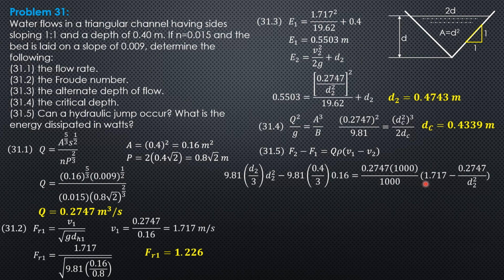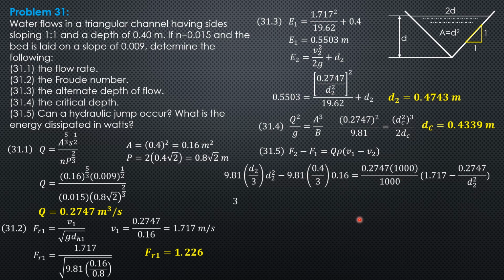Then V1 1.717 minus V2, which is Q over depth 2 squared. So simplifying, this is 9.81 over 3, 3.27 depth 2 cubed. Then because this is cancelled, then plus, sorry, 0.2747 squared over depth 2 squared.